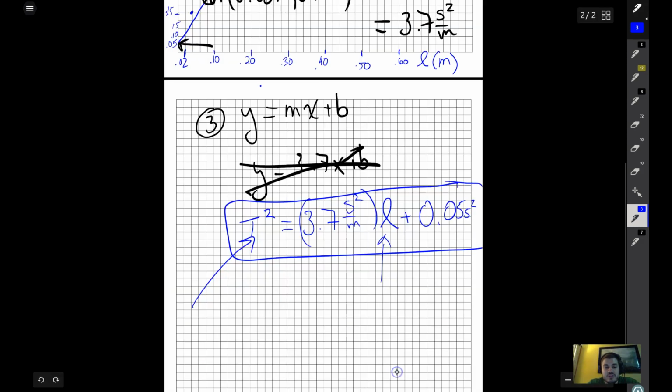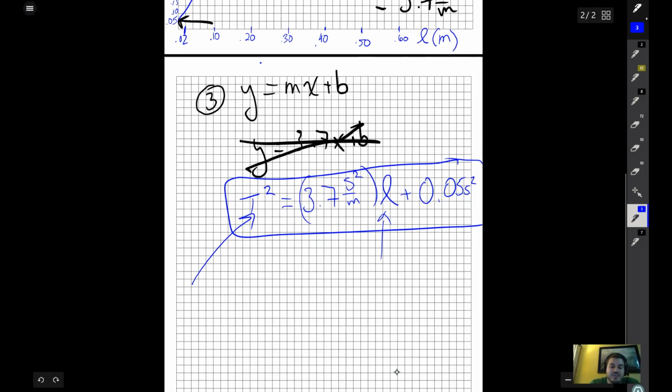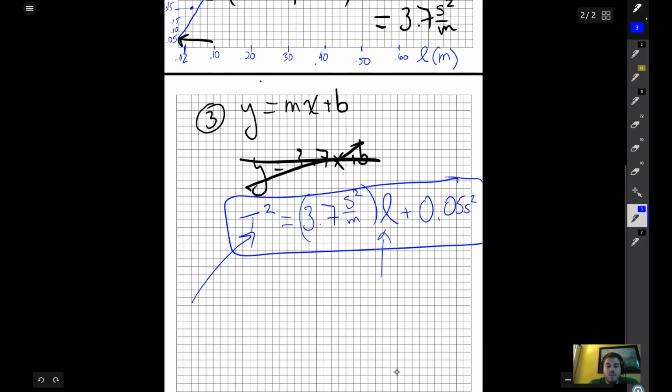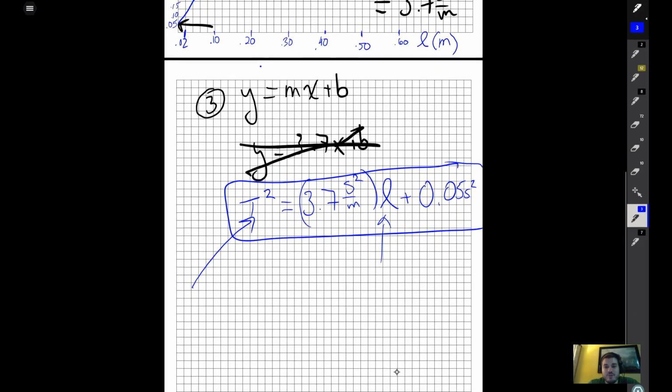So let's start with the slope. One of the suggestions I always have to help you figure out the meaning of the slope is you have two options. Either you already know what the equation should be, and so you can just say what you think it is based on that. Or if it's exploratory like this one, we look to the units to start. The units right now are seconds squared per meter, which should look familiar if I rearrange this.